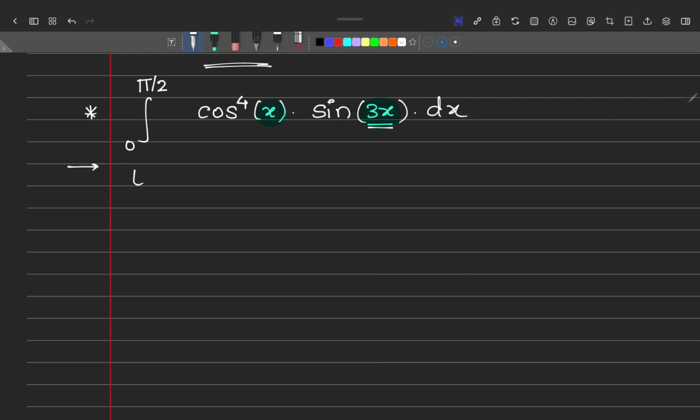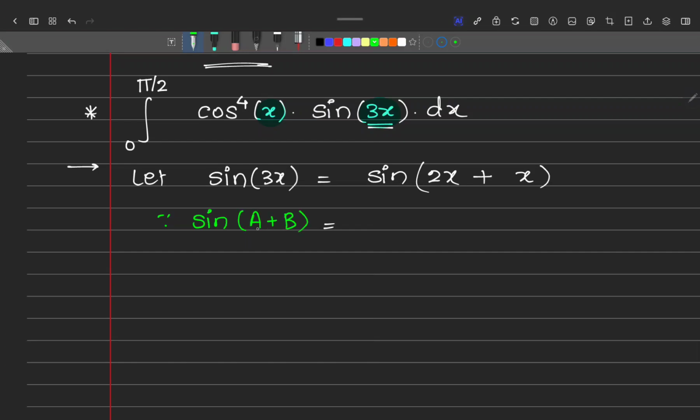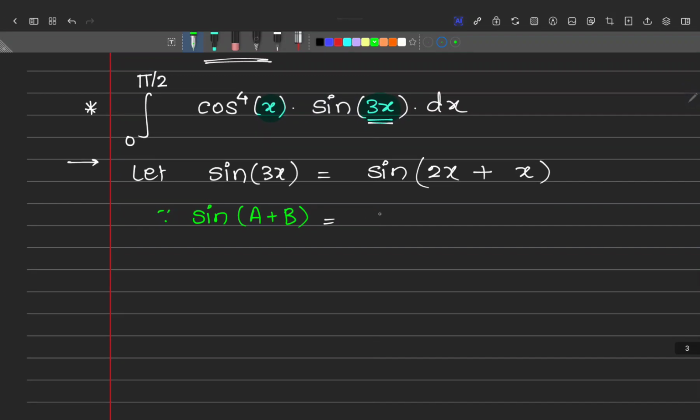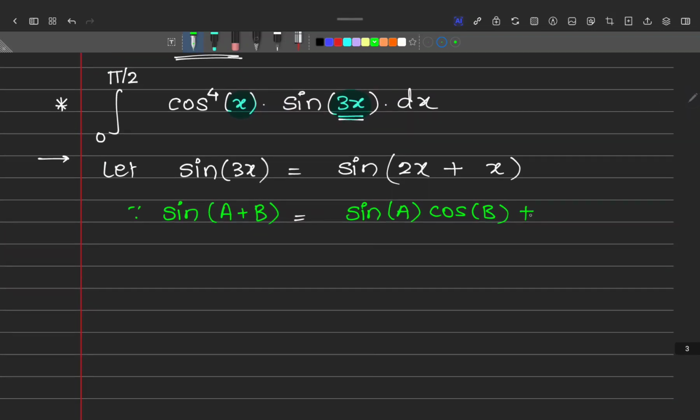So first we consider this sine 3x. We can write sine 3x as sine of 2x plus x, and we use the formula for sine of a plus b. So what is the formula for sine a plus b? It is sine a into cos b plus cos a into sine b.